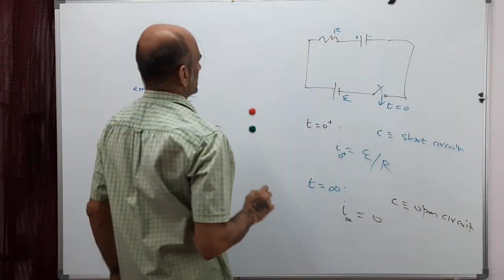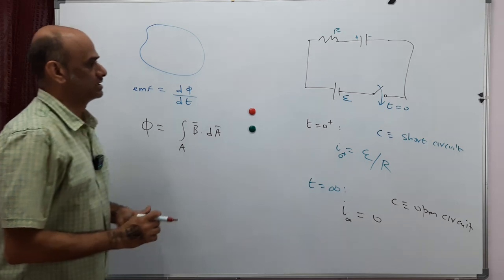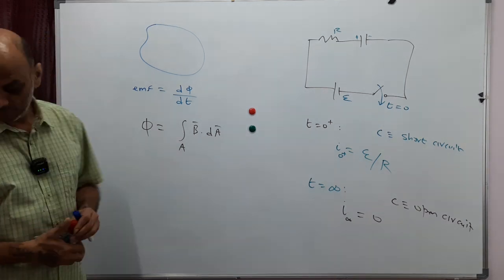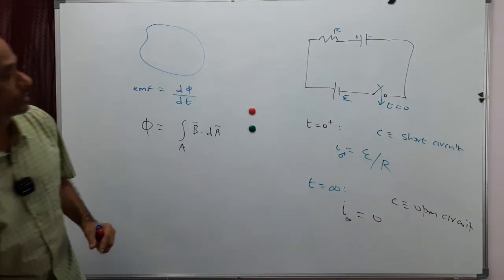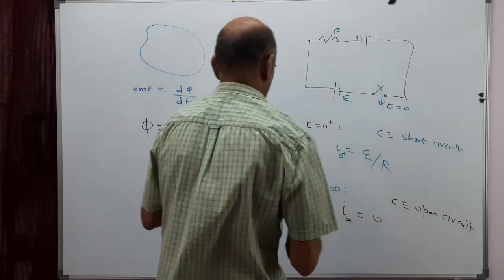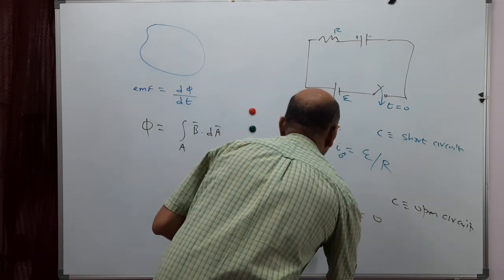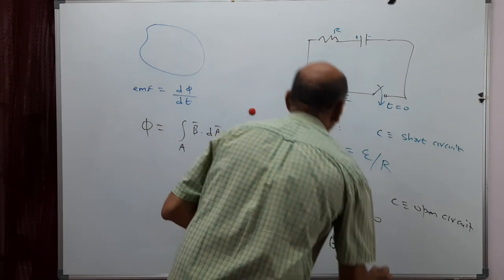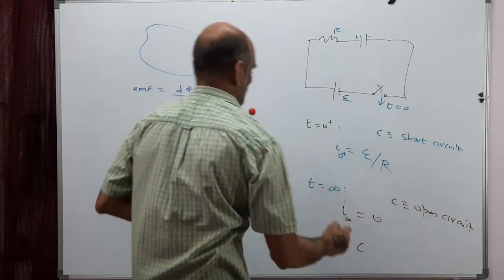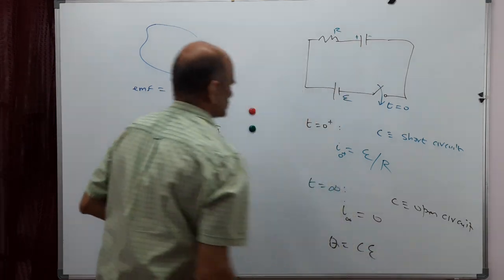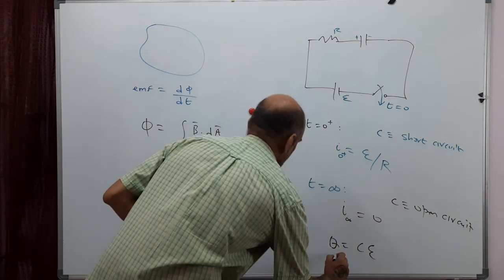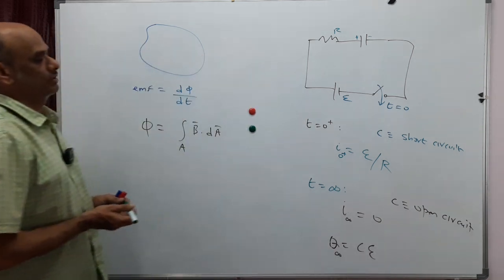All this current movement will go in building up the charge, and the charge that is being built on this capacitor is equal to C into V. This entire E will appear across it. So this is the charge on this capacitor at t equal to infinity, or after a long time.